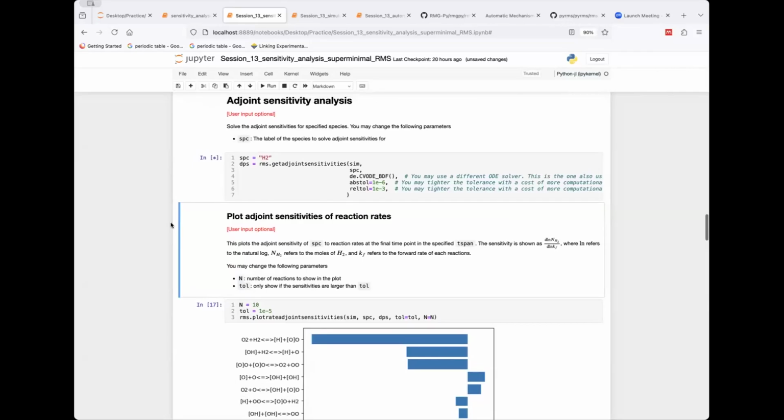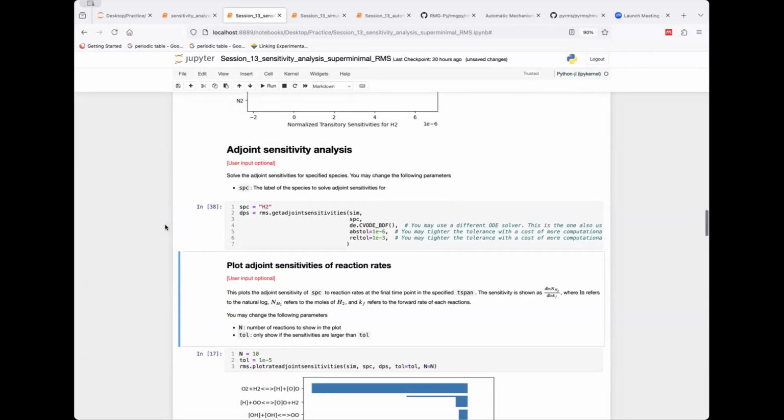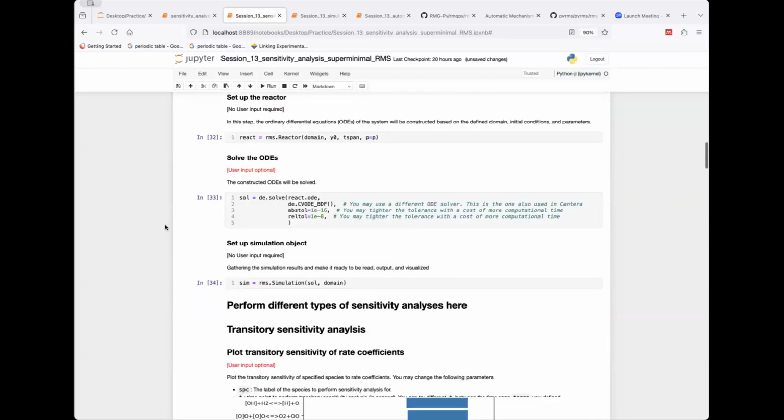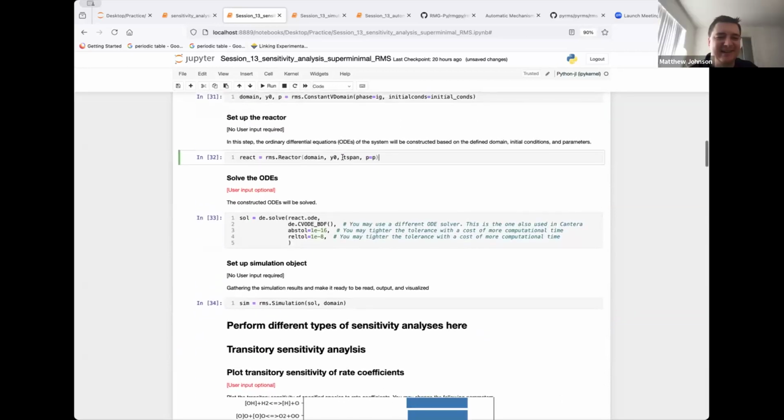Matt, can you hear us? Yes. You had to choose the time at which you evaluate the sensitivity, is that right? Yes. Okay. And how did you pick that? Because that's the time of the simulation of the reactor. Because it integrates backwards, we just feed it the simulation and then it integrates the adjoint backwards from it.